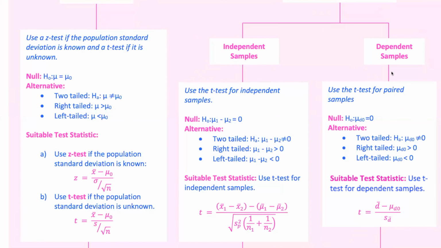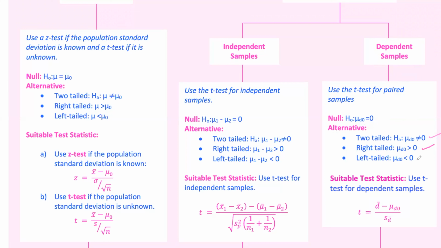Let's quickly go over how to test the differences between means using dependent samples. This is what we do when we're looking at related groups, like before and after measurements on the same subjects. For dependent samples, we set up our null hypothesis to say that the mean difference between the paired samples is 0. The alternative hypothesis could be one of three things.